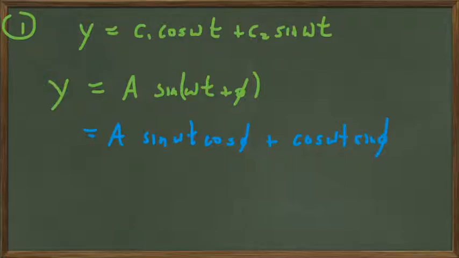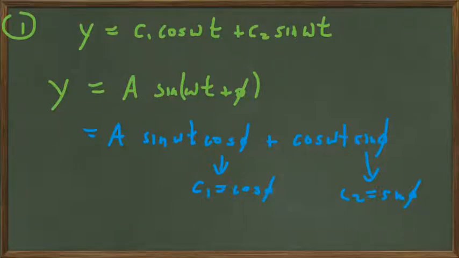And so if we let cosine phi equal c1 and sine phi equal c2, then we are back to where we were before.